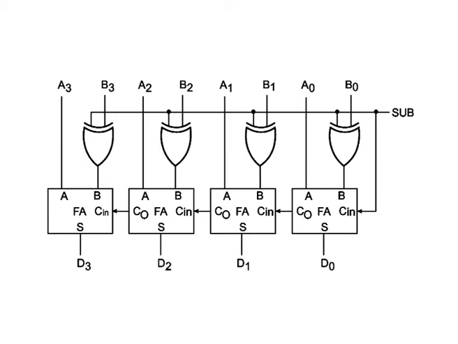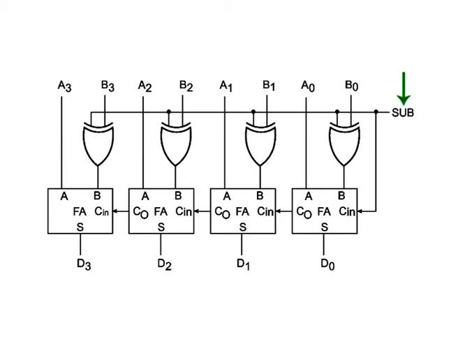A close look at the diagram would reveal that it is the hardware arrangement for a 4-bit binary adder, with the exception that the bits of one of the binary numbers are fed through controlled inverters. The control input here is referred to as the sub input.